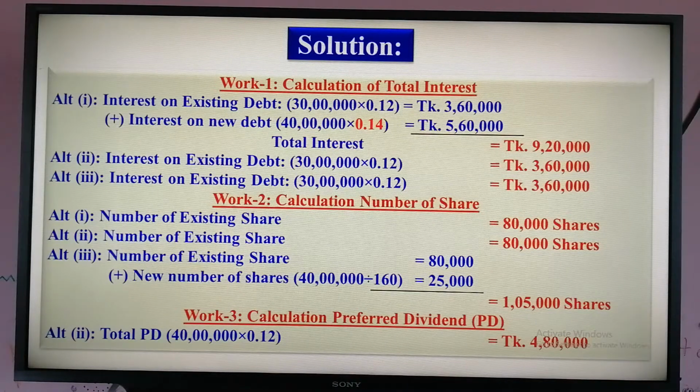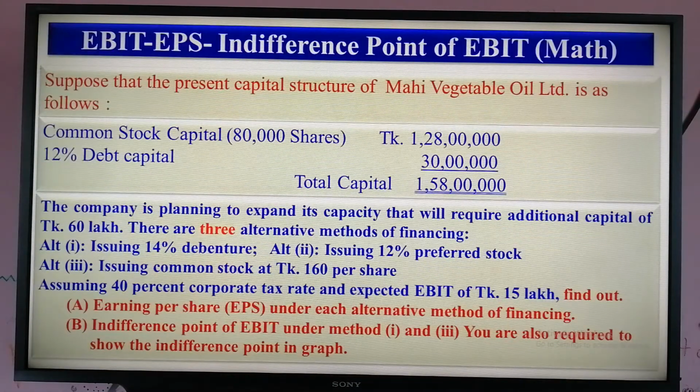We'll add it. Look, alternative 1, alternative 2, alternative 3, everywhere 3,60,000.